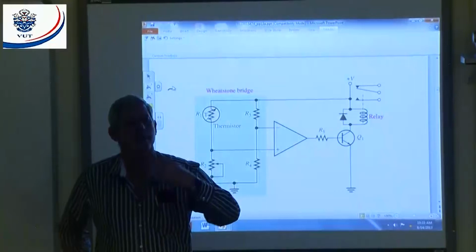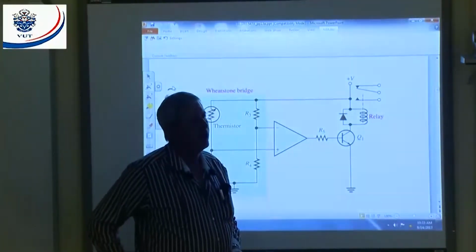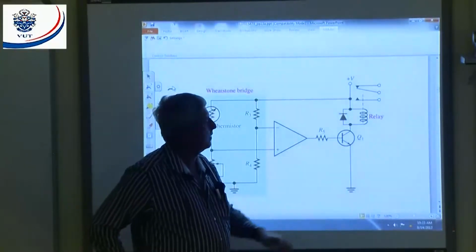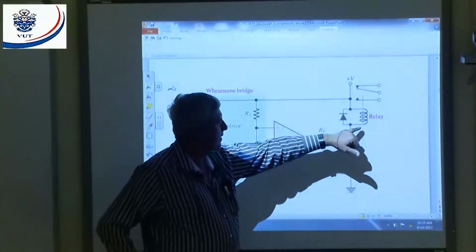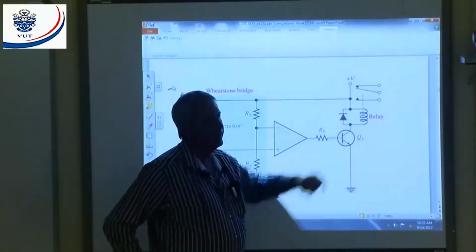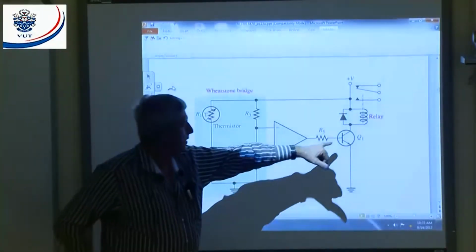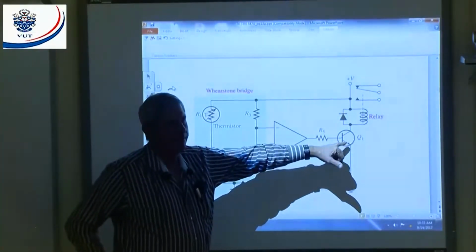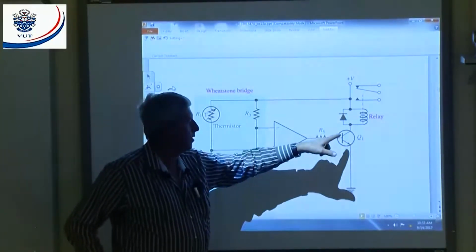The polarity of that is the opposite way around. When it was positive-negative, when that magnetic flux collapses, it becomes negative-positive. The purpose of the diode is to short out that voltage, and it protects my transistor, because if that voltage becomes too high, it will damage my transistor. Are you with me?